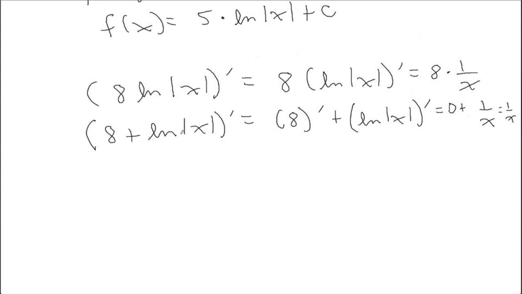So notice the difference between how you treat a constant that's being added and a constant that's being multiplied. Did we take the derivative of this 8? Yep. Good. Did we take the derivative of this 8? No. So there's a big difference between constants that are added and constants that are multiplied. When a constant is multiplied, you don't take the derivative of the constant. But when a constant is added, you do take the derivative of the constant. Okay, good.